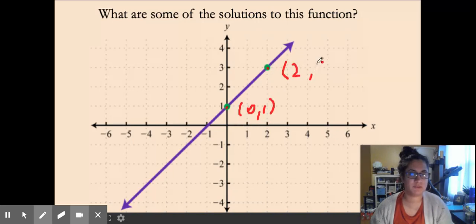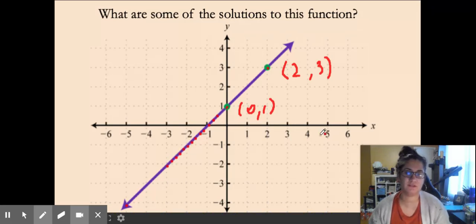Those are points on your line. Any other point on your line, you have a point over here at looks like -3, -2. That is a solution. You have a point here at -5, just about -4. Any of these fractional points, these decimal points in between, any single point you can imagine on this line is going to be a solution to this function.